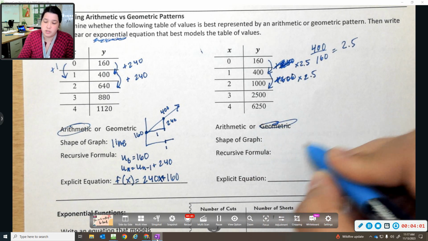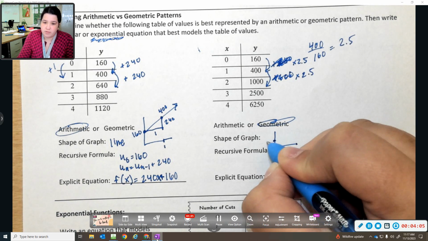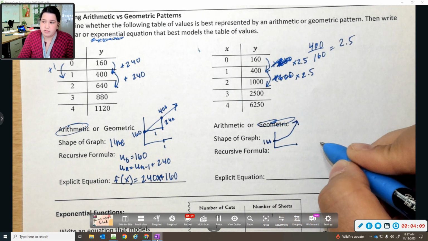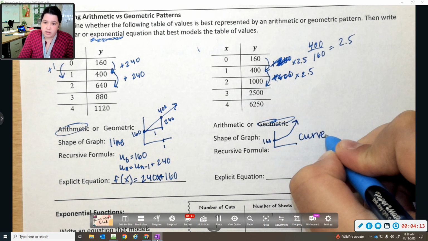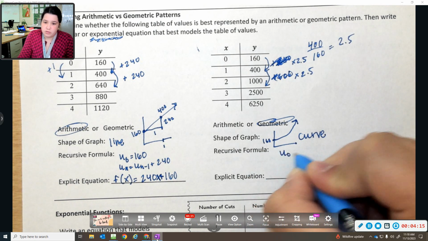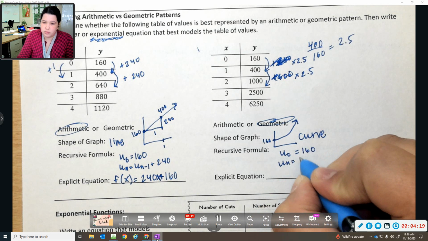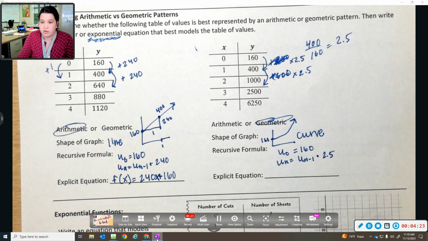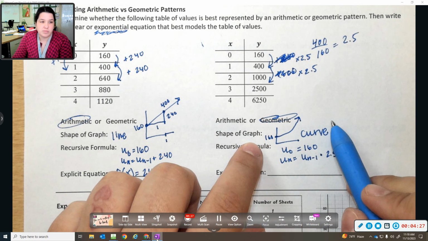So this is geometric. The shape of this graph is still going to have a y-intercept of 160, but it's going to have a curve to it now. So we need to write that. It's going to be curved. It's going to still be U0 is equal to 160, Un is equal to Un minus 1 times 2.5. We never really looked at the shape of the graph when we did geometric.